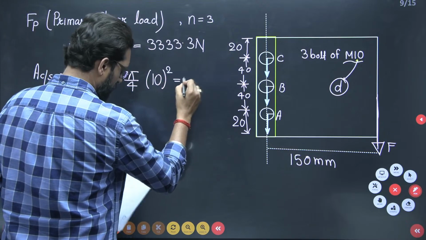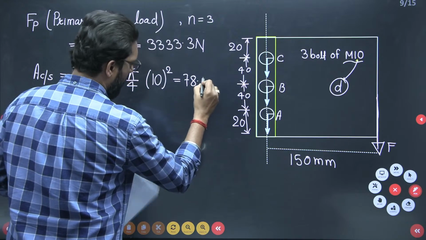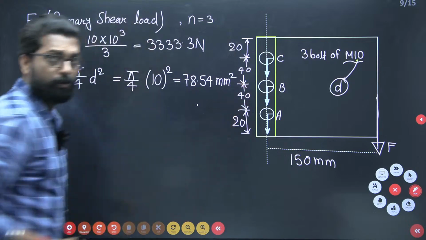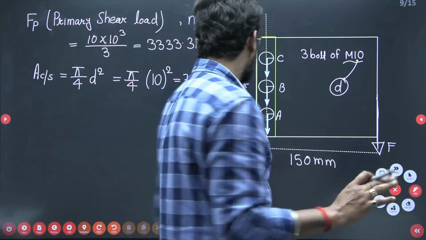How much is this? 78.54 mm square. This is your cross section area.